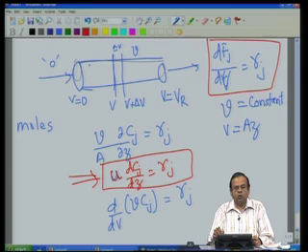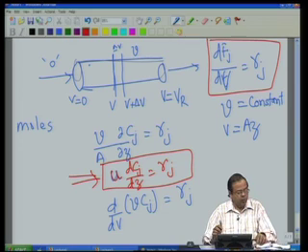Both these things boil down to constant density along the length of the reactor, and under those conditions plus the diameter of the tubular reactor is constant along the flow direction, then we get our mass balance equation, U dC/dz equal to Rj.